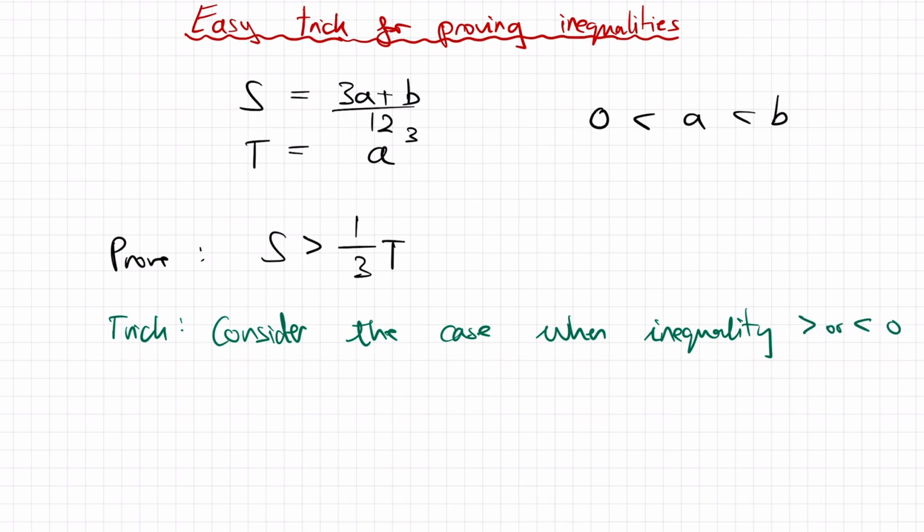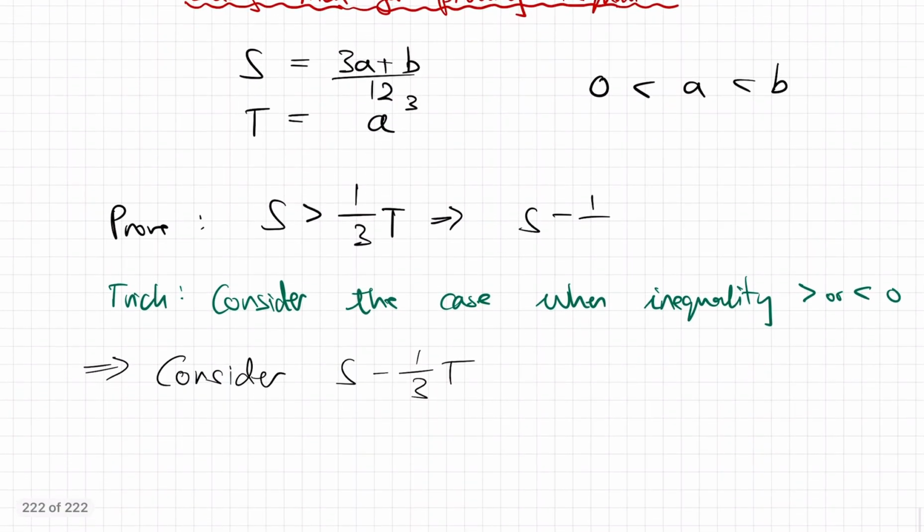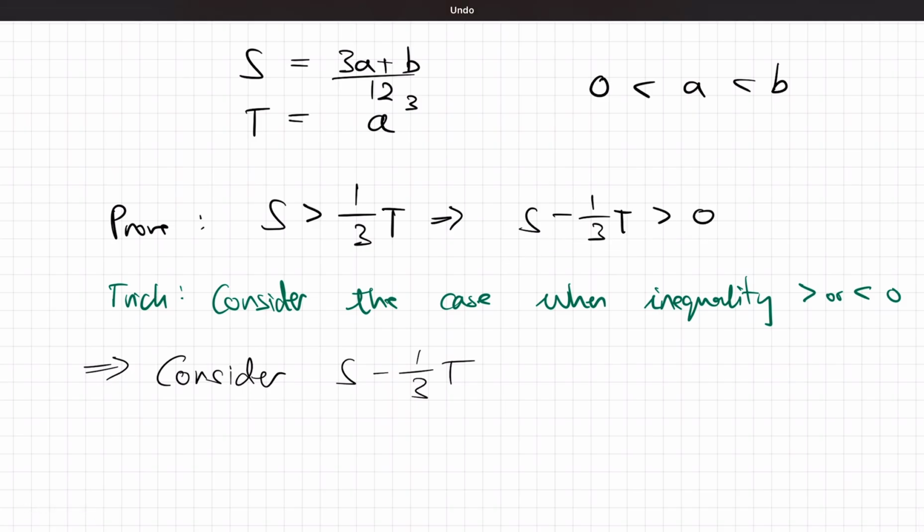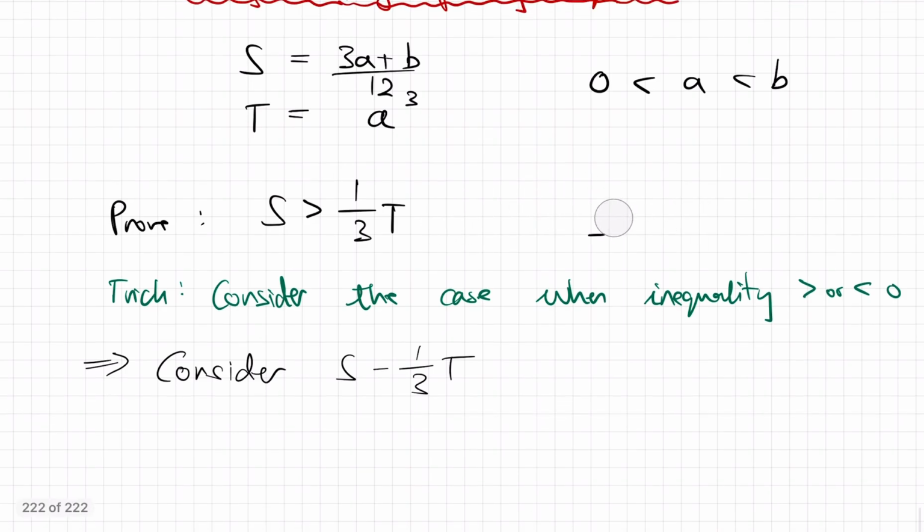So what I mean by that is, let's consider s minus 1/3 t. If we had this inequality, this is the same as moving the 1/3 t to the other side. And now what we need to prove is that this is greater than 0. And that's actually pretty easy, because all we have to do now is look at the sign of this.